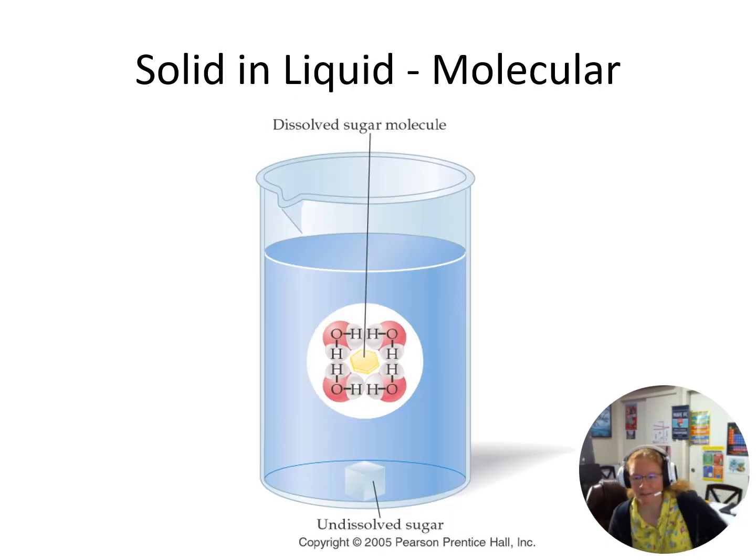When we look at something like sugar, which is not an ionic compound, it's a covalent compound, we do get interactions between our water and our sugar because sugar has oxygen in it. And so remember, with hydrogen bonds, for a hydrogen to participate in a hydrogen bond, it must be bonded to an oxygen, a nitrogen, or a fluorine.